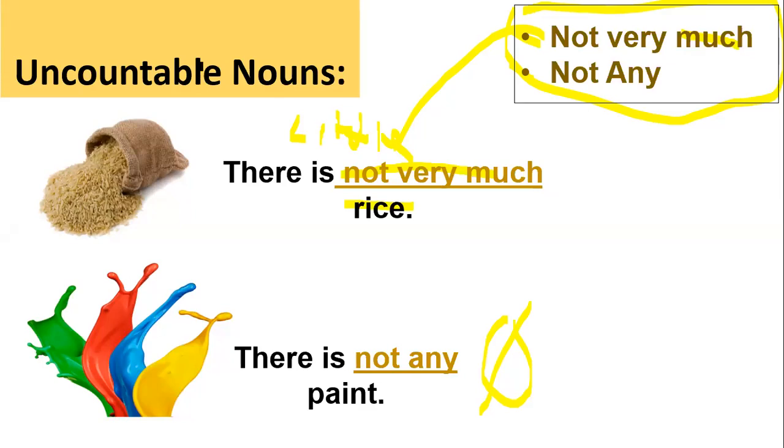Who wants to give me another example? There is not any macaroni. Okay. Any other example before we continue? There is not any chocolate. Okay. All right. Very good.